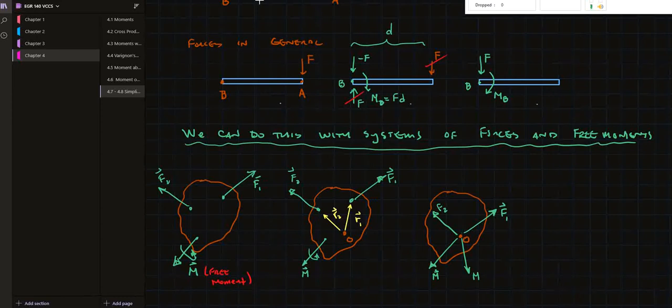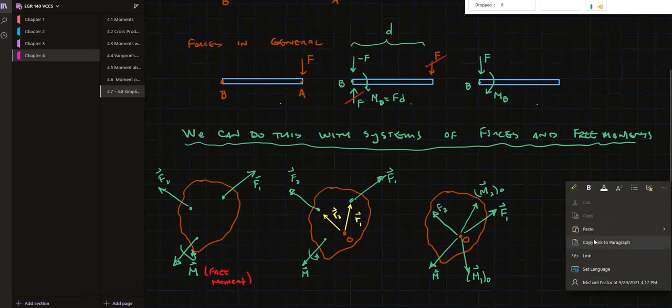Moment due to 1 about O. And this force and this R also produce a moment about O. Looks like it's in something like this direction. Moment due to 2 about O.